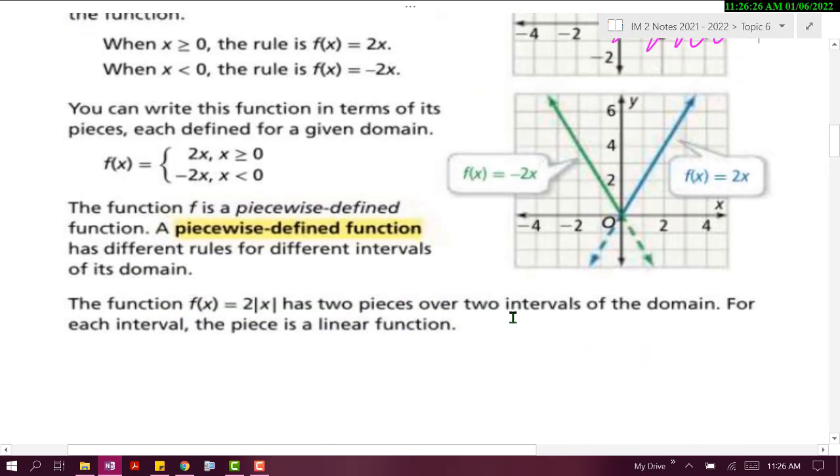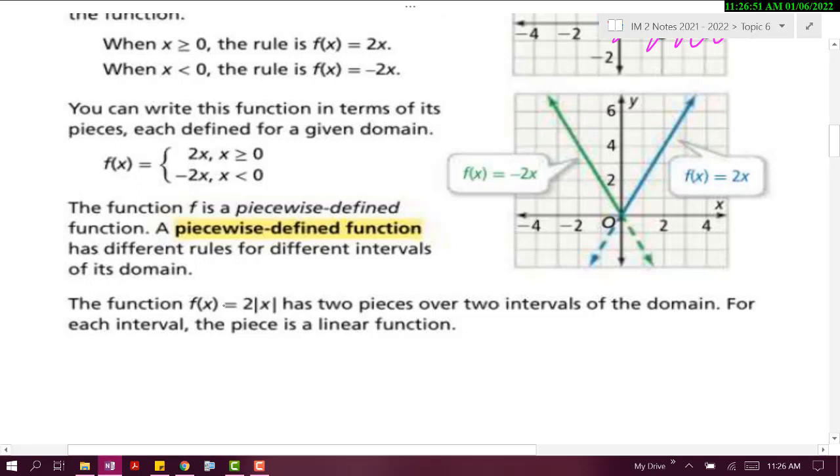We can rewrite this function as a piecewise defined function, where we say it's 2x when x is greater than or equal to 0, and -2x when x is less than 0. Notice they're both not greater than or equal to or less than or equal to. It doesn't matter which one because they both will end up at the same spot.